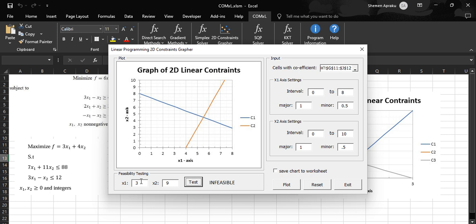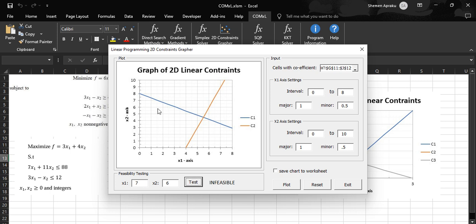It says infeasible. So this is an infeasible region. If I come here, I'll pick 6 and 2. It's also infeasible. And if I come to the top region, I'll pick 7 and 6. So 7 and 6 is also infeasible. So we have this to be our feasible region.